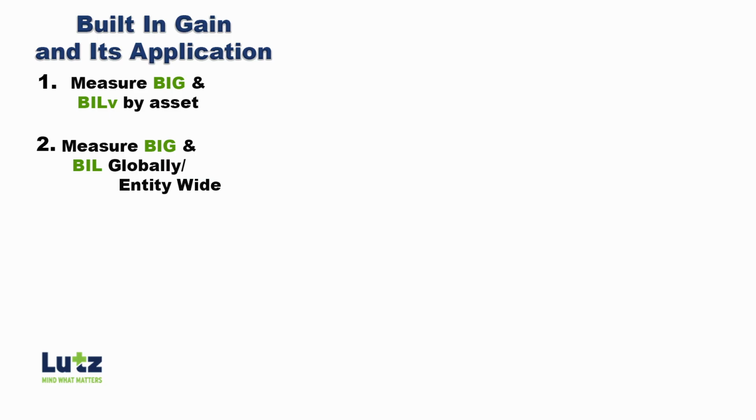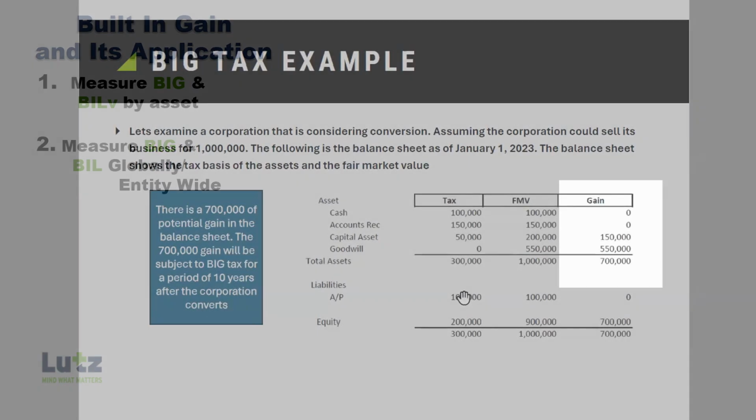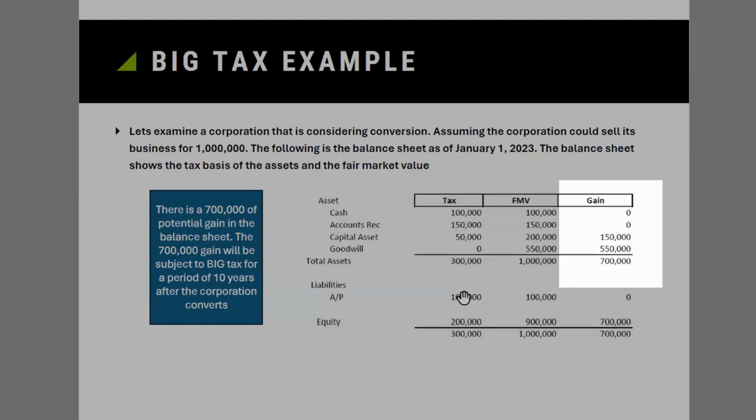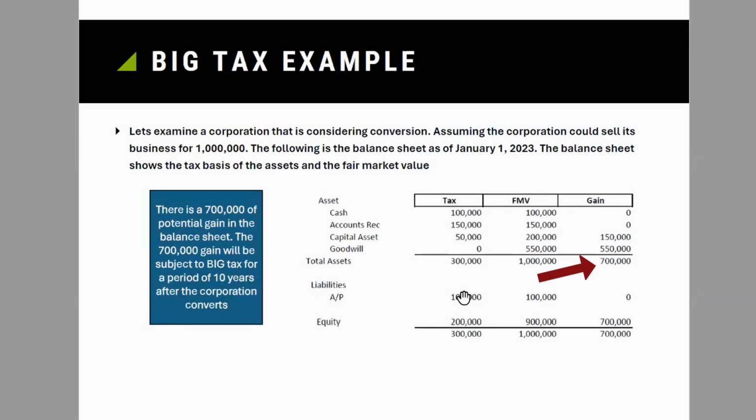Because what we've done is we said the capital asset has 150, a built-in gain. The goodwill has a built-in gain of 550. That's step 1. Step 2 is, well, we got 700,000 globally. That's step 2.